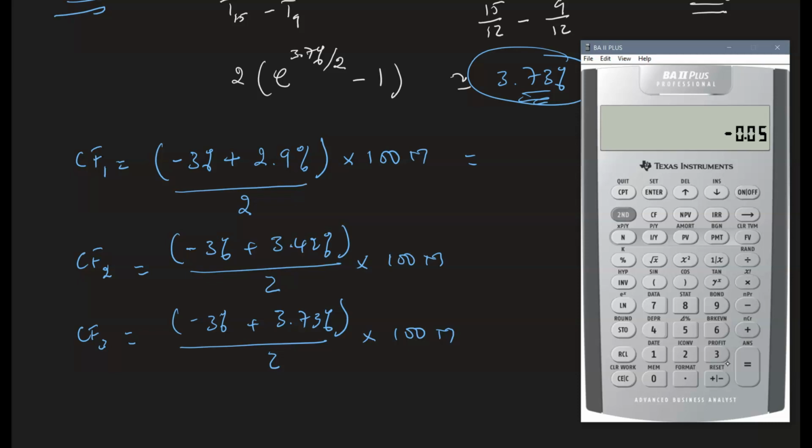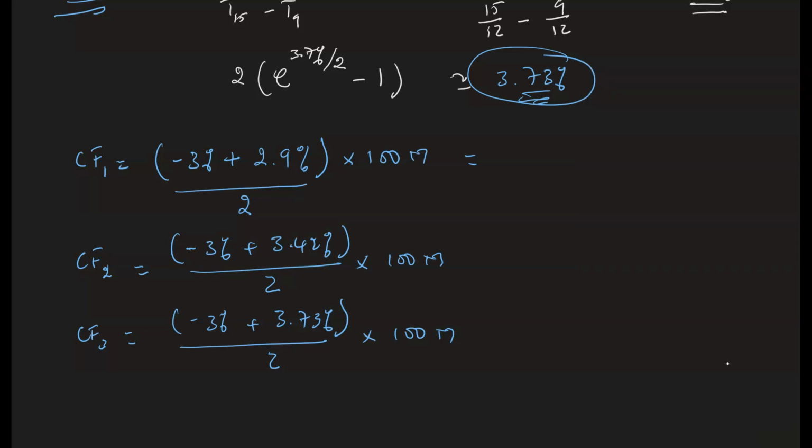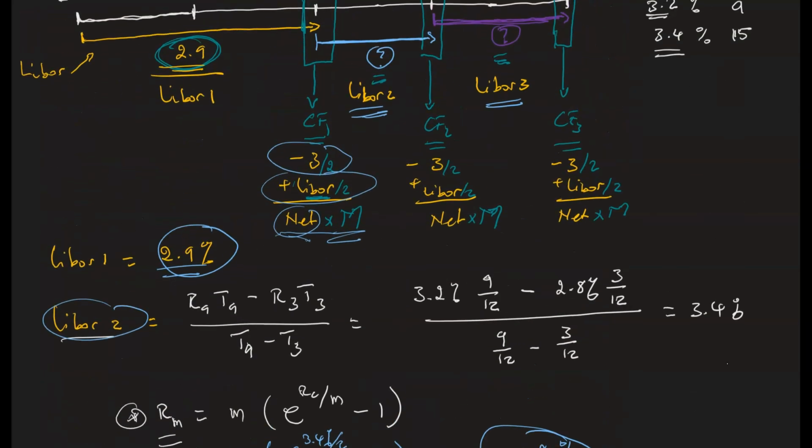So it's going to be an outflow of 0.05. So we're going to say minus 0.05.